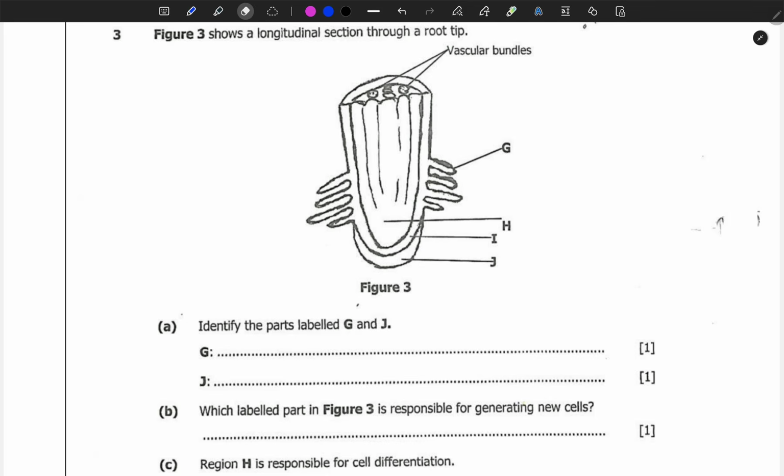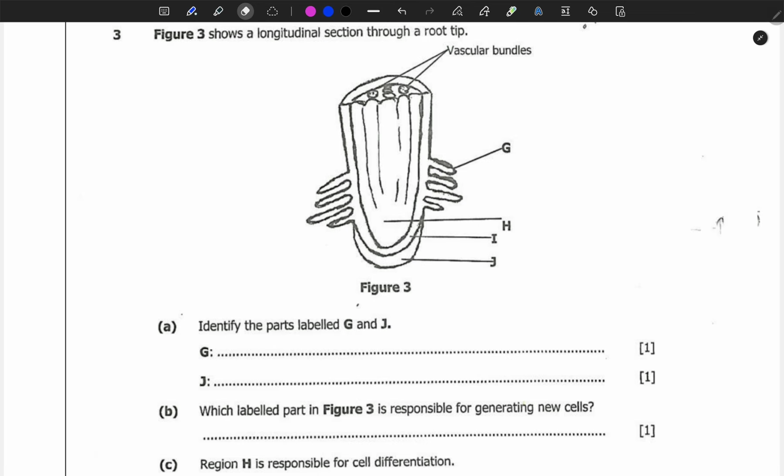We move on to our fourth question. Figure 3 shows a longitudinal section through a root tip. So we have vascular bundle, then structures G, H, I, and J. Identify the parts labeled G. So where is our G?